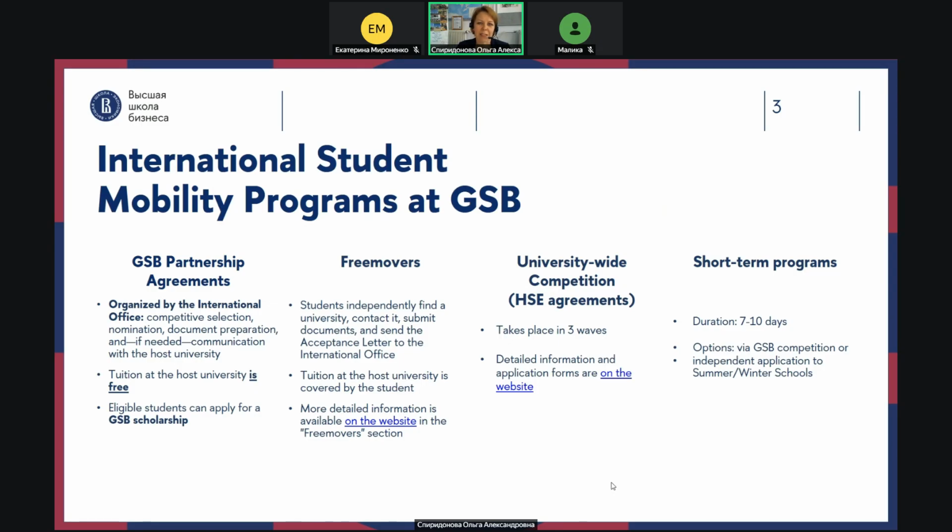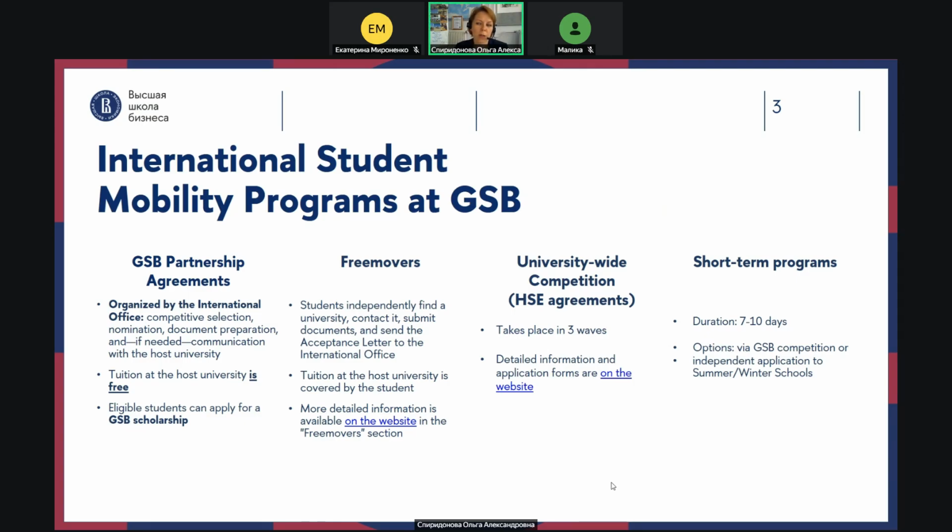It means that everything is organized by our international office, and we do the selective process, we do communication with the accepting university, with our partner, and we nominate students and send our nominations to the university. And in this case, a GSB student doesn't pay anything, so tuition is free. And in this case, you can also apply for a GSB scholarship.